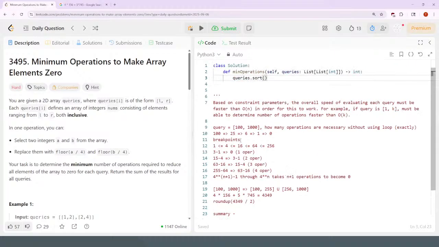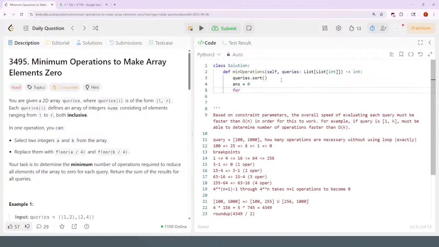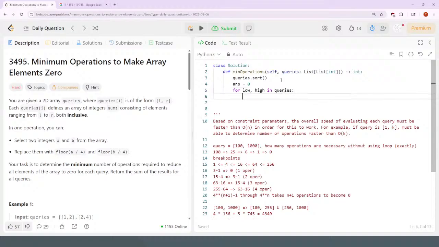Okay, I just gotta go through the math. I always attempt to go through the math. I'm not sure if I want to use left and right. I can use low and high. And the queries.